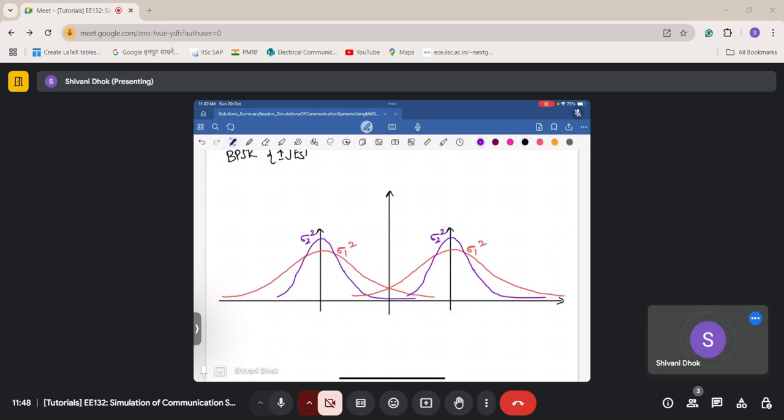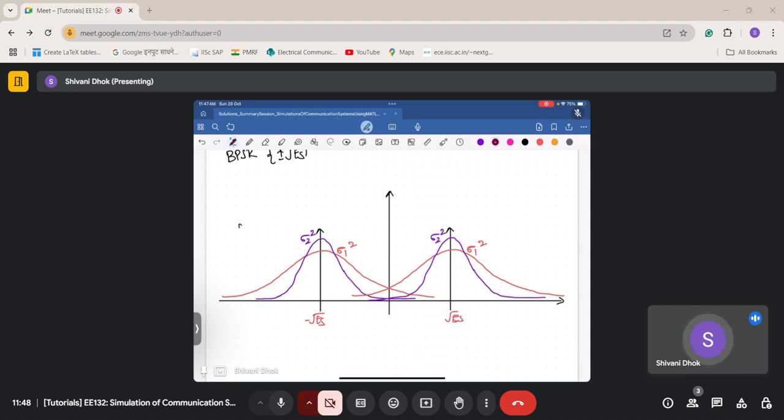Okay, we draw it. So this is your decision rule. So this is your minus under root ES. This is your under root ES.